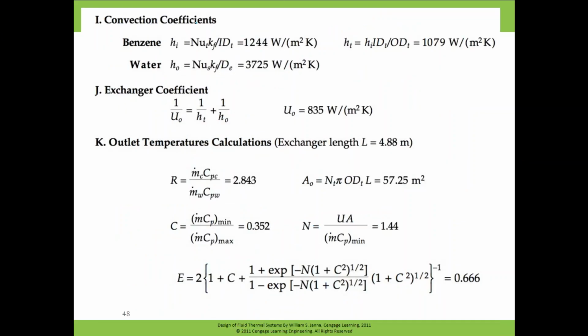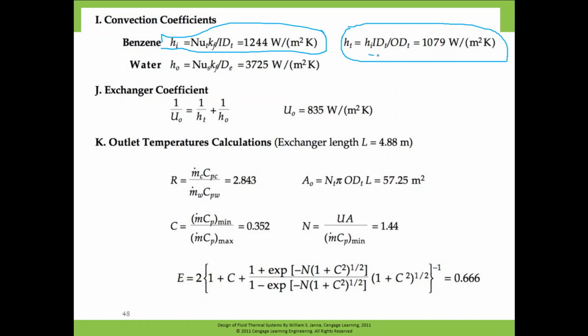Now we can find the heat transfer coefficient for the inner side. We can use the expression as we used in the case of double pipe heat exchanger, and after calculating HI it can be changed into the tube heat transfer coefficient by using the formula as we did in double pipe heat exchanger.